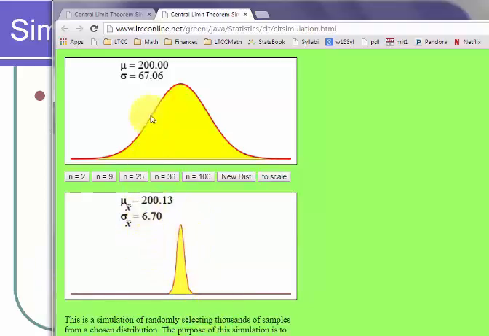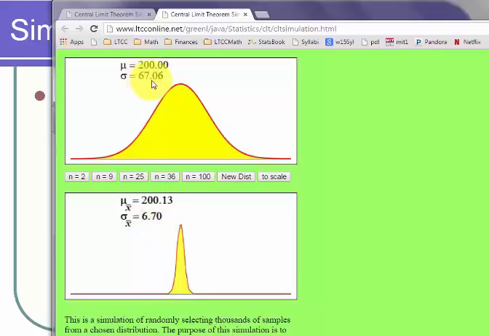The mean is approximately the same, and it'll be exactly the same if you look at all possible ones. This computer just selected several thousand of them, much more than I'm going to do by hand, but a computer doesn't get bored. But the standard deviation for the x-bar distribution, or the standard error, notice is much smaller than the original standard deviation. It's 6.7 about.